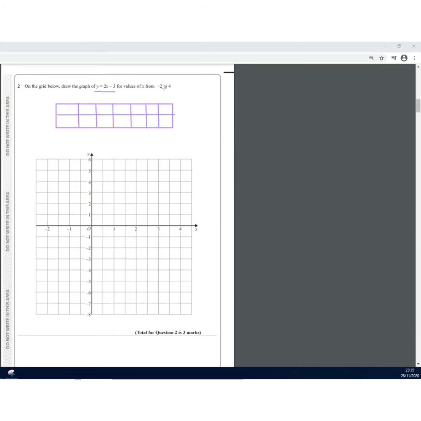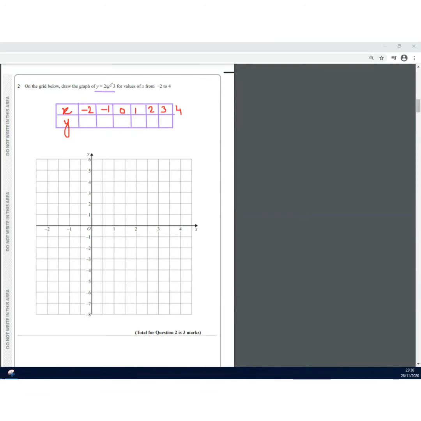So x and y, and we are asked to use the values of x from -2 to 4, so I'll use -2, -1, 0, 1, 2, 3, and 4. Then we'll substitute each value one by one into the equation y equals 2x minus 3, to see what values of y we find.